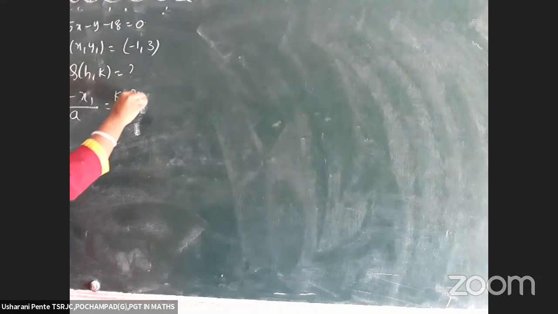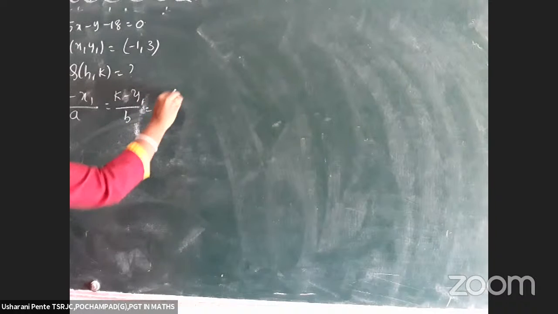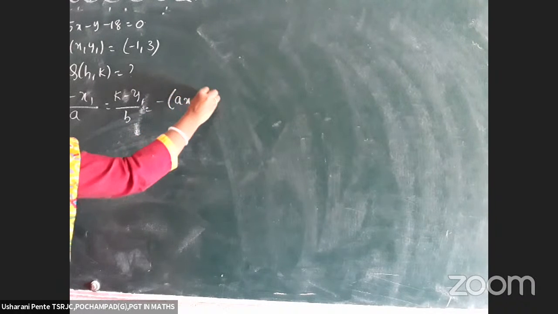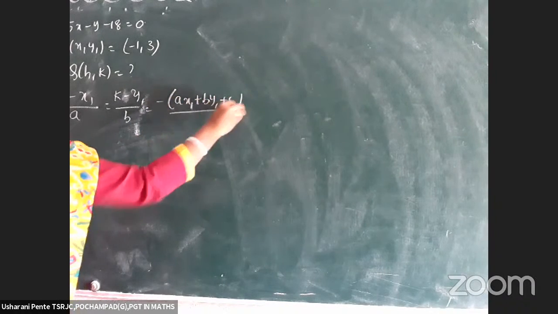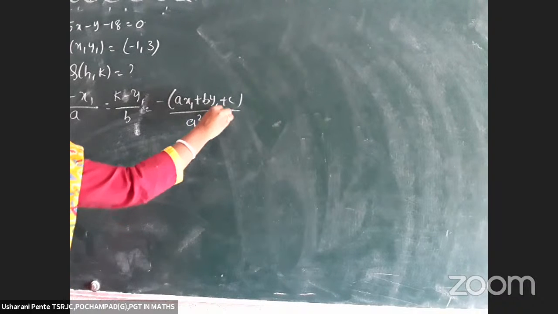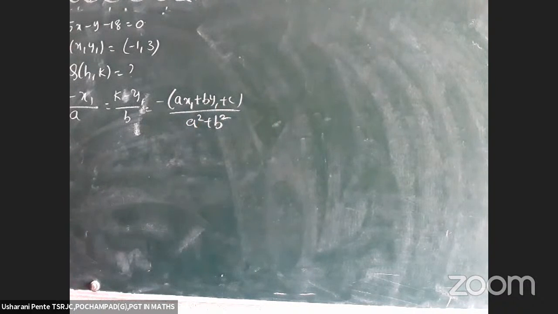How to find? We know the formula: (h minus x1) by a is equal to (k minus y1) by b is equal to minus of (ax1 + by1 + c) by a square plus b square.